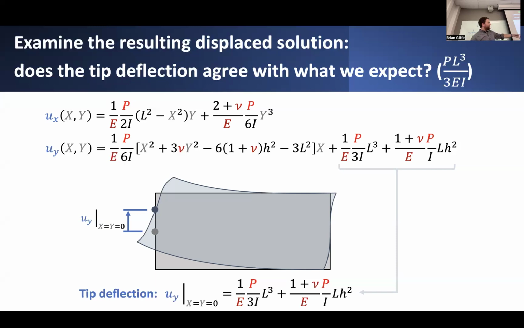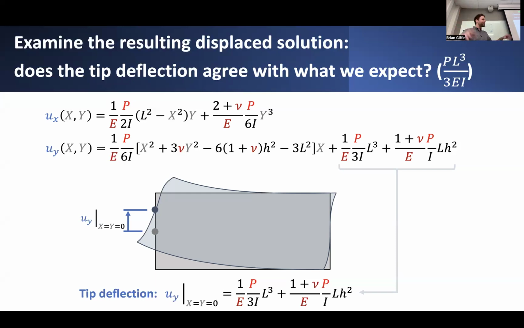Now, is that what we get when we evaluate this tip deflection? When we evaluate what's the y deflection at this particular point? Not quite. We do actually get PL cubed over 3EI. It's in there, but there's something else going on here too. There's this extra term. And what's interesting is that this extra term really is proportional to h squared.